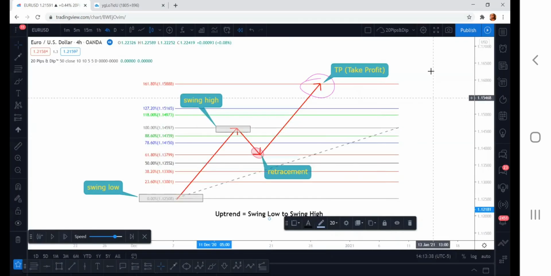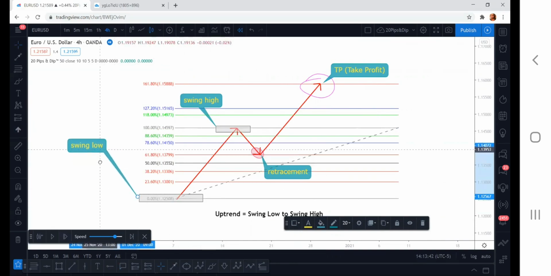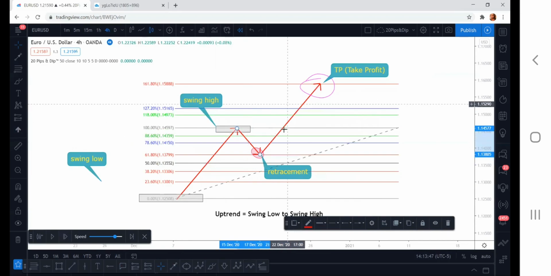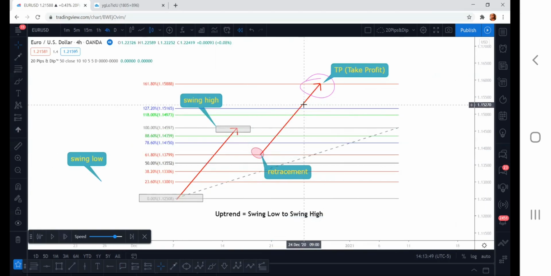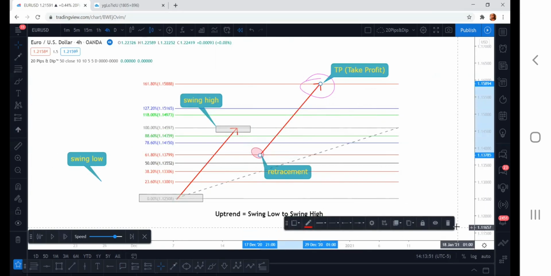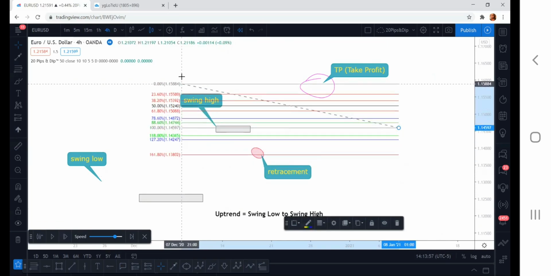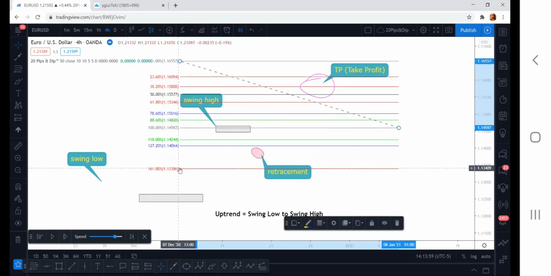And let's look at the same scenario in a downtrend. I'm just going to flip the fib.